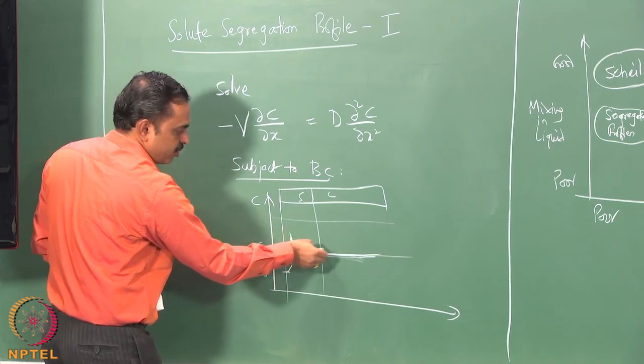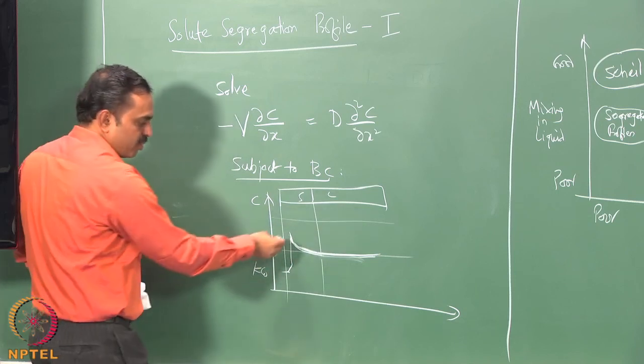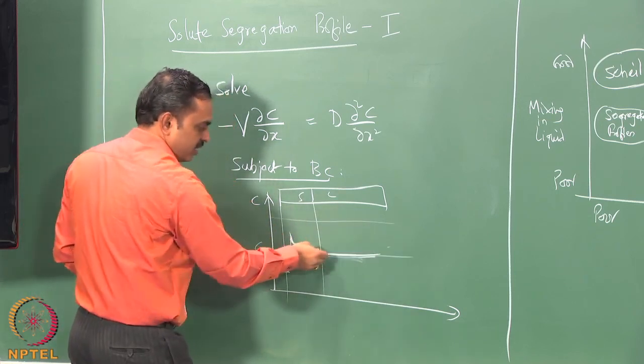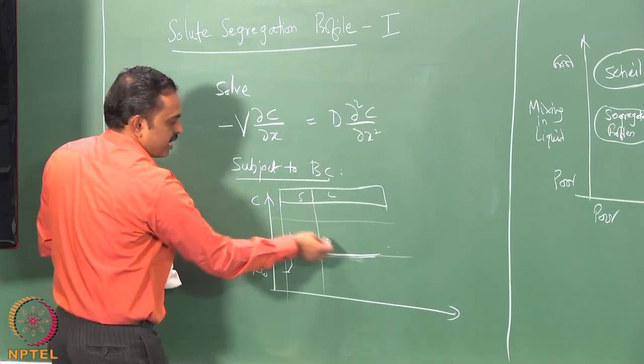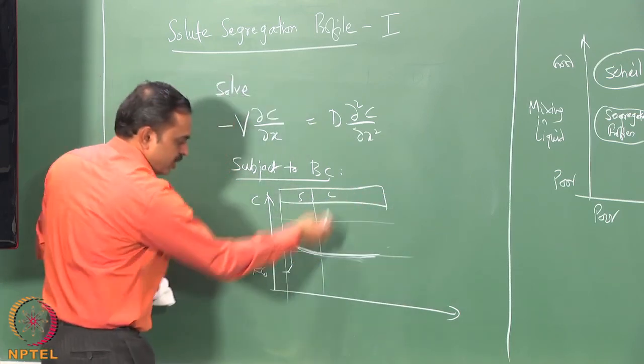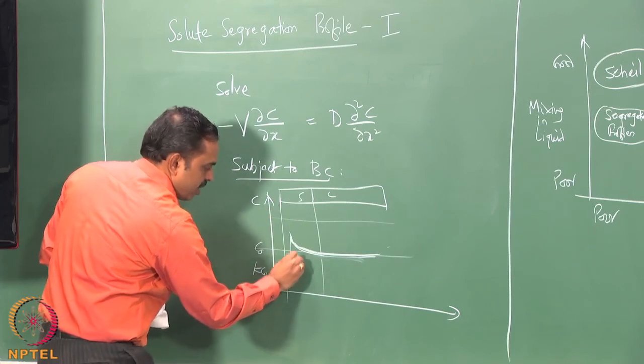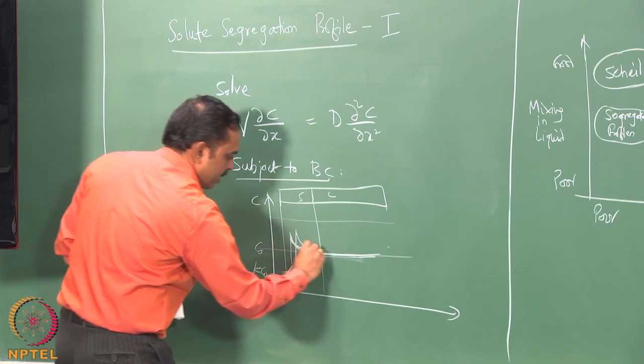The liquid composition is not going to be flat, but is going to fall down, approaching the C naught value as you go far away, so that the diffusion of the solute happens gradually, and as you keep on solidifying, this is going to go up and down.